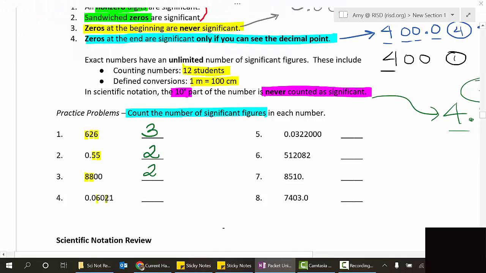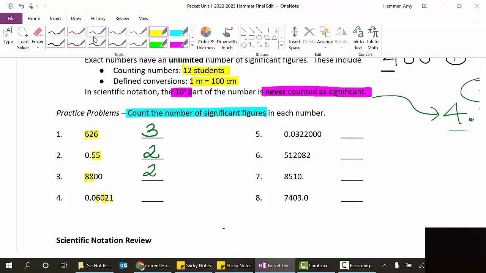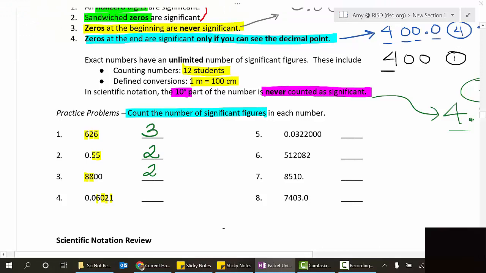Well, the 6, the 2, and the 1 definitely count. Okay, this 0 here that I'm drawing a little arrow towards, that is a sandwich 0, so I'm going to count it. What about those zeros at the beginning of a number? Well, Rule 3, zeros at the beginning of a number are never significant, so they do not count. So 4 is our answer.